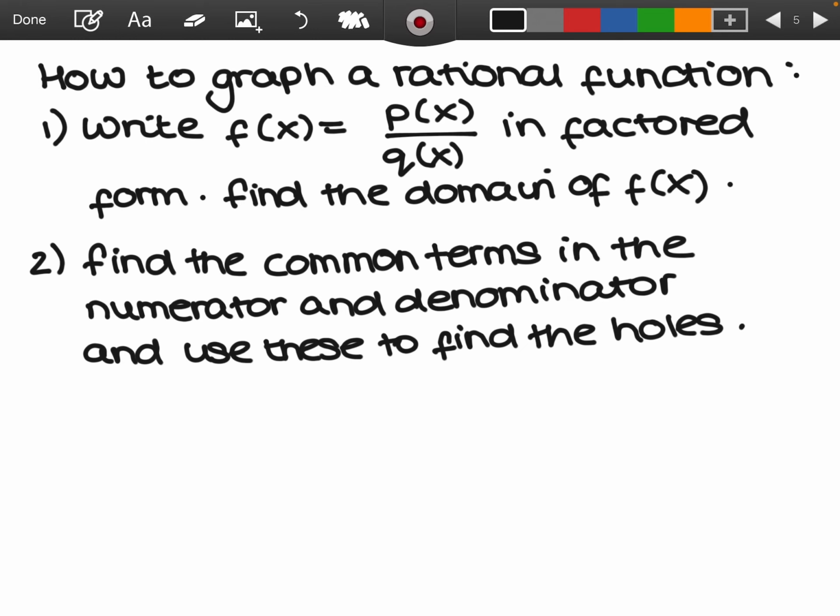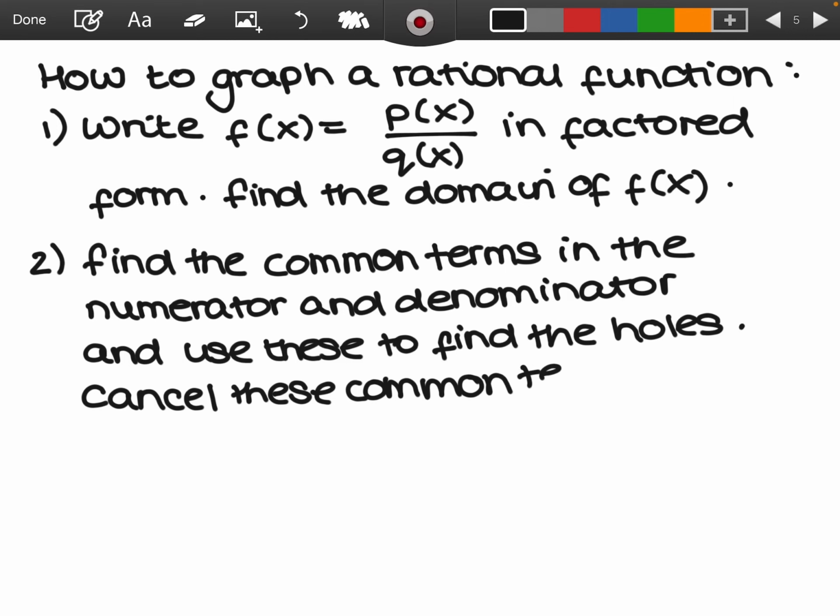Then cancel them out and find the simplified form, because our next step is going to be finding the vertical asymptotes. So cancel these common terms out, and write f of x in simplified form.